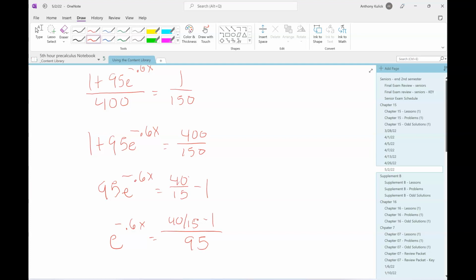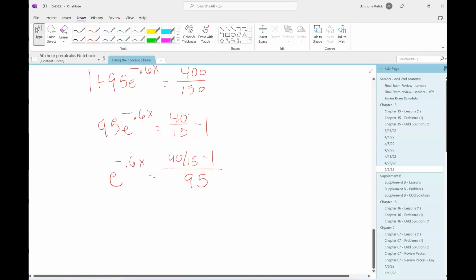I'm going to need log base e, which is called the natural log. Cool there. Last thing I'm going to do is just divide both sides by negative 0.6.